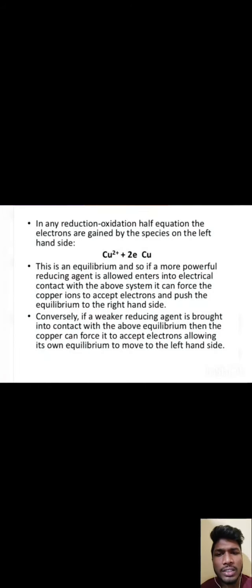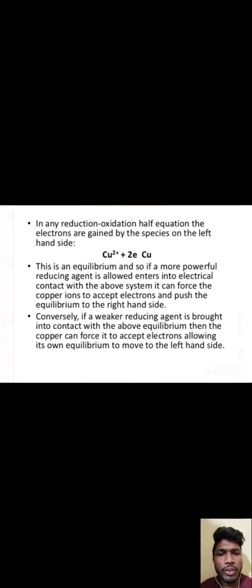In any reduction oxidation equation, the electrons are gained by the species on the left hand side, for example Cu2+ plus 2 electrons gives Cu in equilibrium.